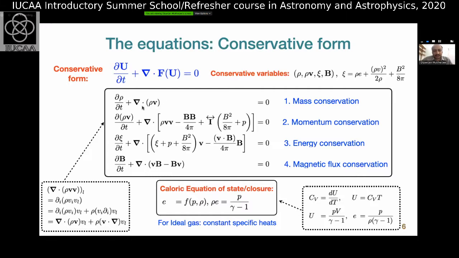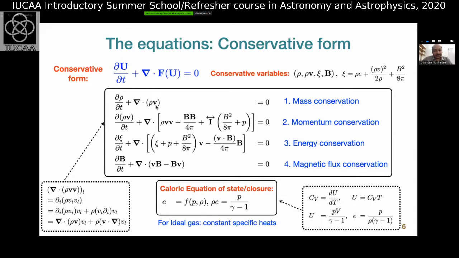So this is the conservative form of the mass equation. This is the momentum conservation equation. And just to remind you, in the divergence of rho VV, VV is actually a tensor. To understand how that works, it's best to always break it up into components.